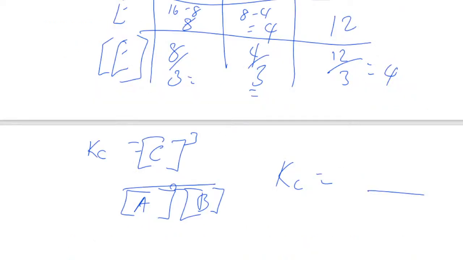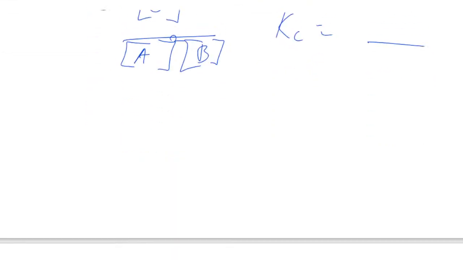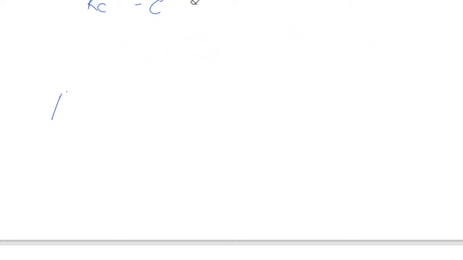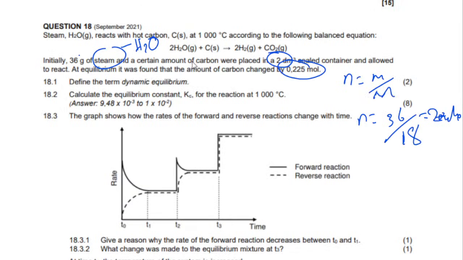So I'm going to come here and use my RICE method, whereby I have the elements here: the steam, hydrogen, and carbon dioxide.